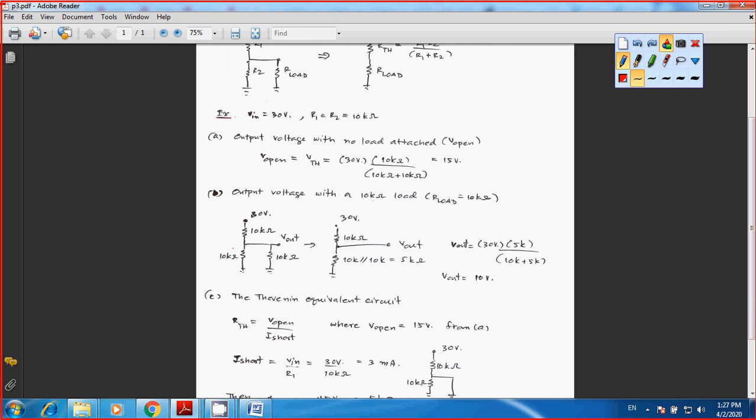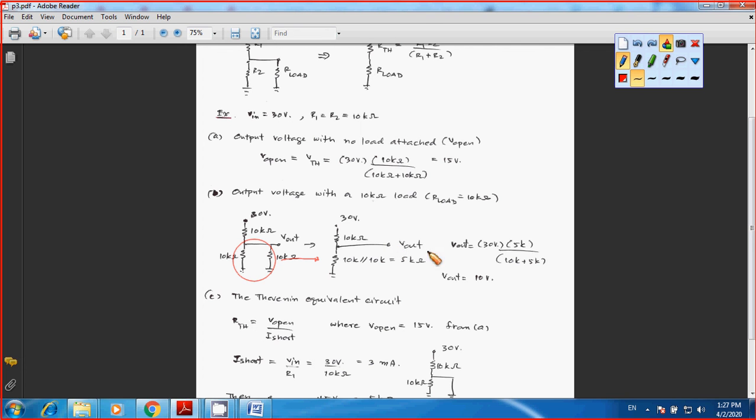Just take a look at this one here. This is your R load, and this is R2, so they are in parallel. You end up with the total to be 5k, or half of 10k, and you still have R1, that's 10k ohms, in series with 5k ohms, and you want to look for V out. Your V out can be found from the voltage divider.